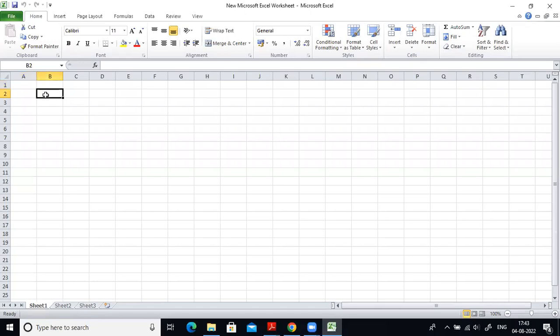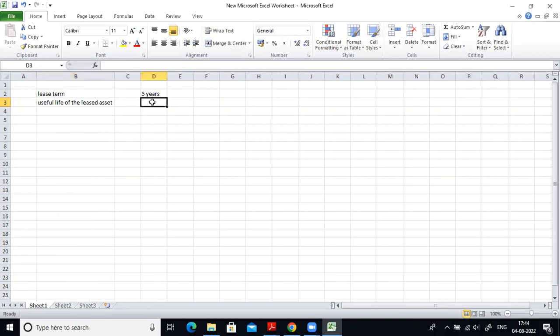Let us assume that the total lease term is 5 years. Then the useful life of the leased asset is 8 years.